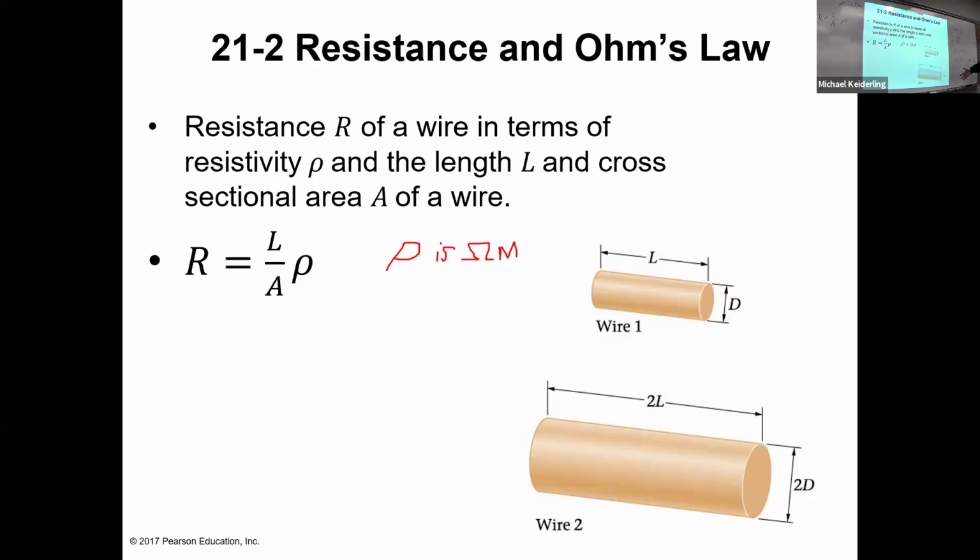There's more room for the electricity to travel the distance. So the resistance is the length over the area times the resistivity, which is a property of the material. So if you know a wire's length, its area and the resistivity, you can work out the resistance.